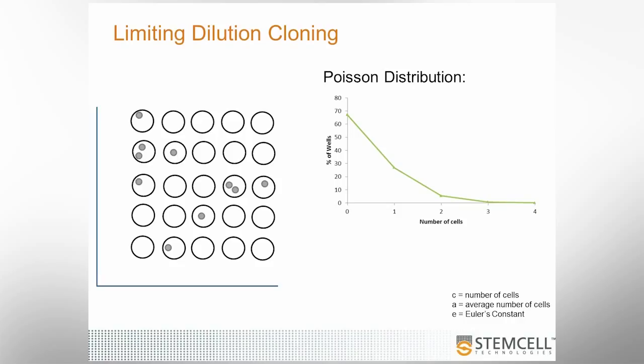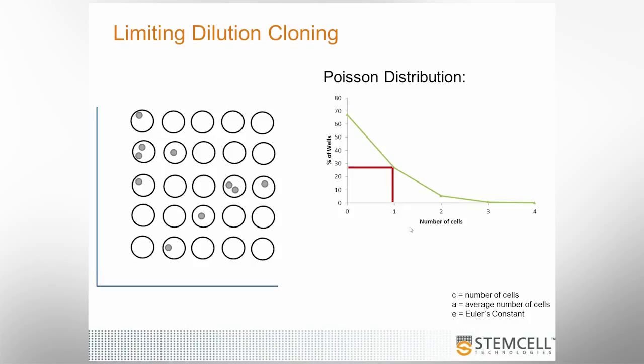So the distribution for a plate like the one, or the section of the plate on the left, looks something like this. And so you can see that there's about 70% of the wells that are empty, and that's represented as the y-intercept here, whereas there's just under 30% of the wells that contain one cell, and that's represented by this point here.